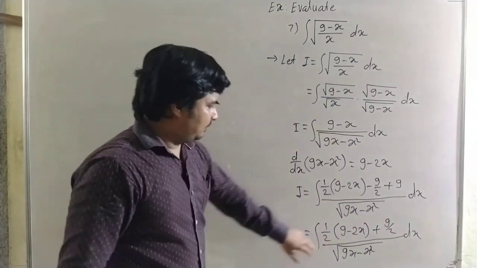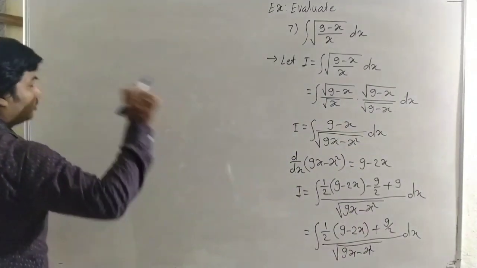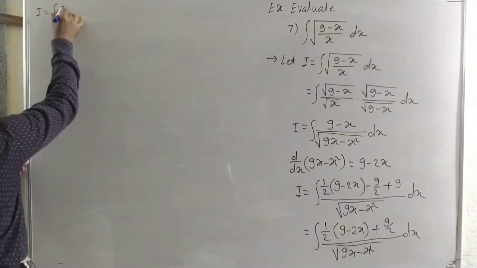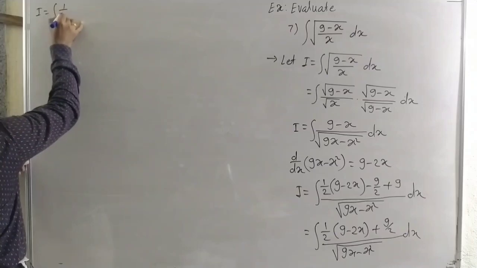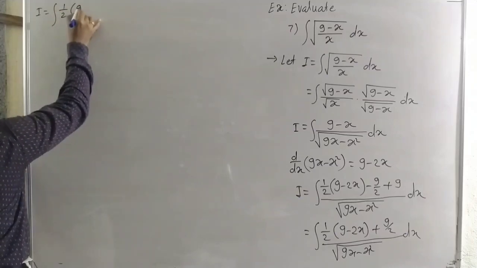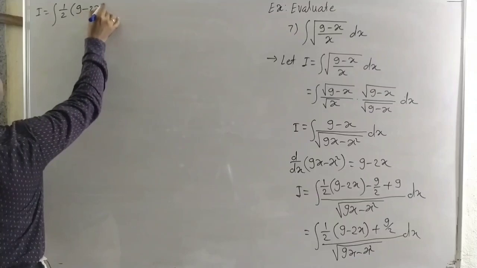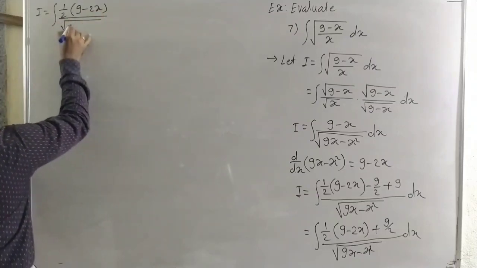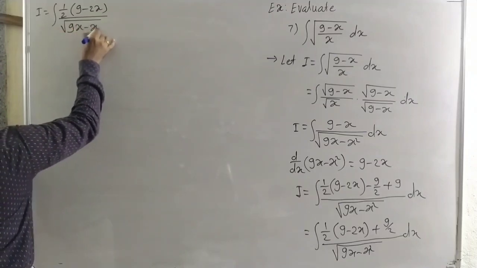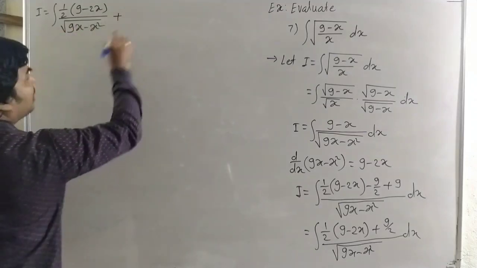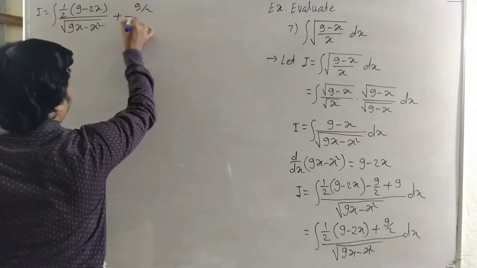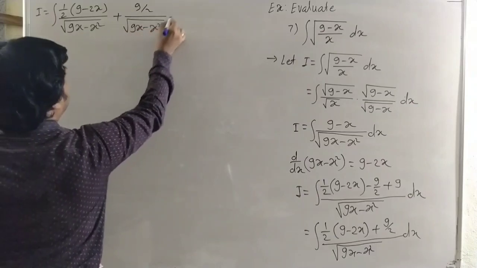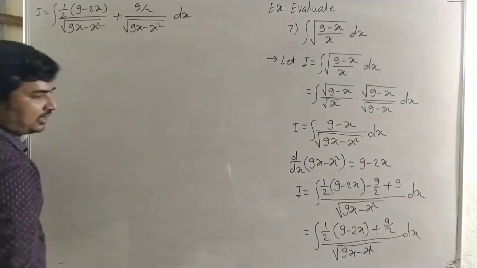Now we can separate this denominator for both the terms. Therefore the integral is equal to 1 by 2 into 9 minus 2x upon under root 9x minus x square, plus 9 by 2 upon under root 9x minus x square dx. We only separate the denominator.